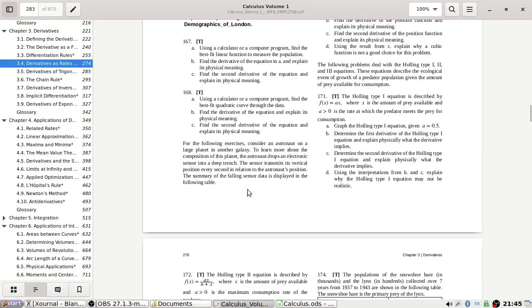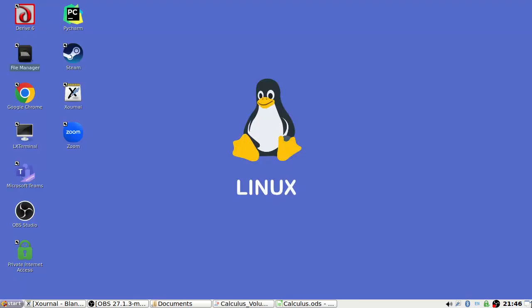What's next now? The Holling type 1 equation is described by that linear formula where x is the amount of prey available and a greater than 0 is the rate at which the predator meets the prey for consumption. Graph for a is 0.5. Determine the first derivative. Determine the second derivative. Interpret them and explain why it's not realistic.